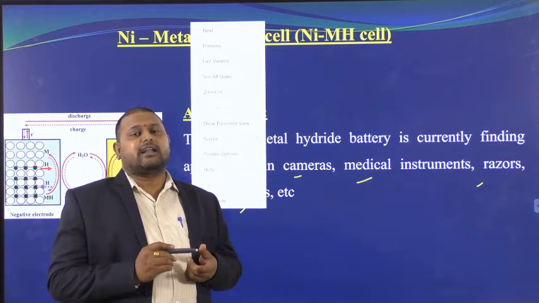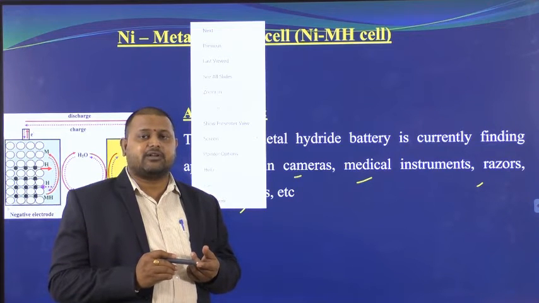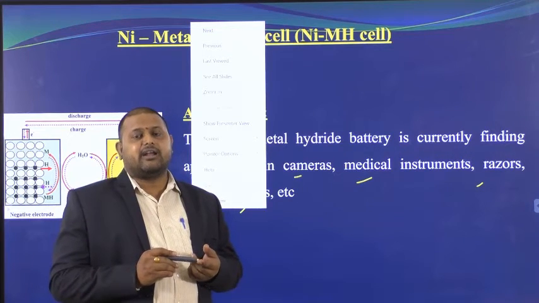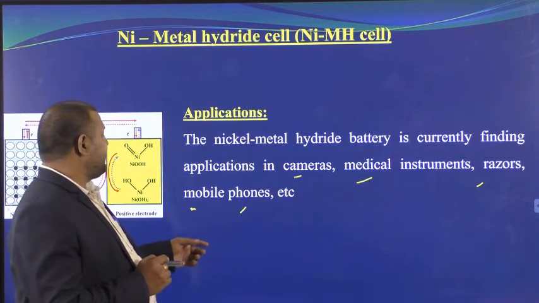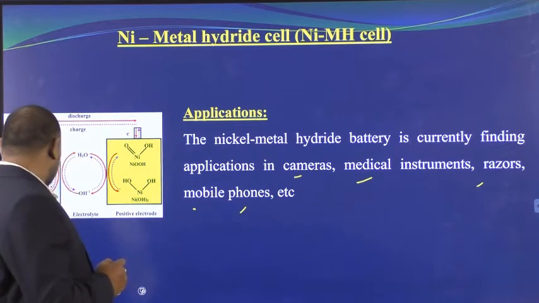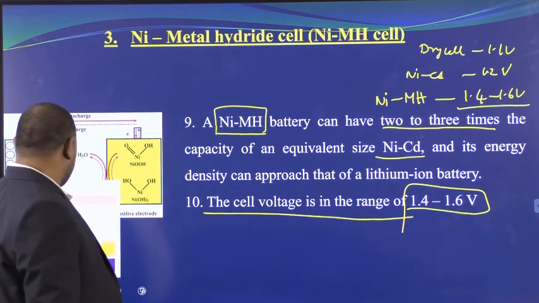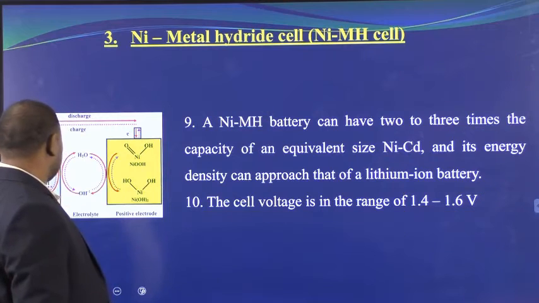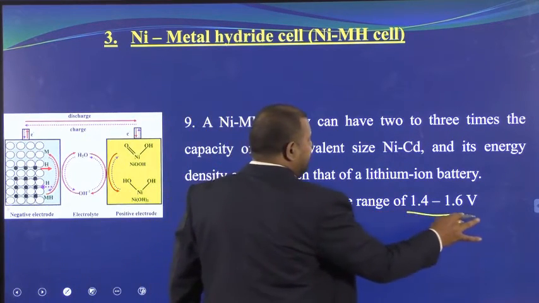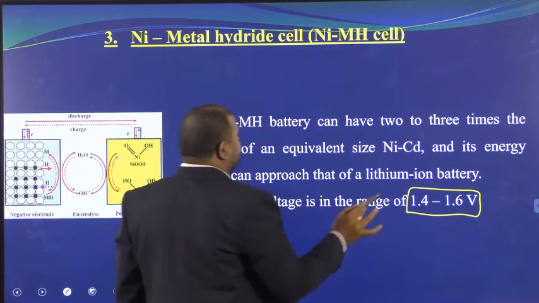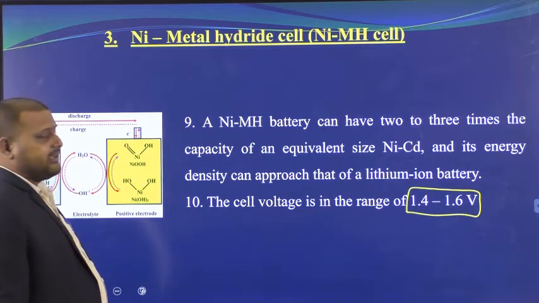Here the dry cell has 1.1 volt output, nickel cadmium battery has 1.2 volt output, and the nickel metal hydride battery has 1.4 to 1.6 volt output voltage. Right? So this is our final output voltage. So you should be very thorough with this nickel metal hydride battery.